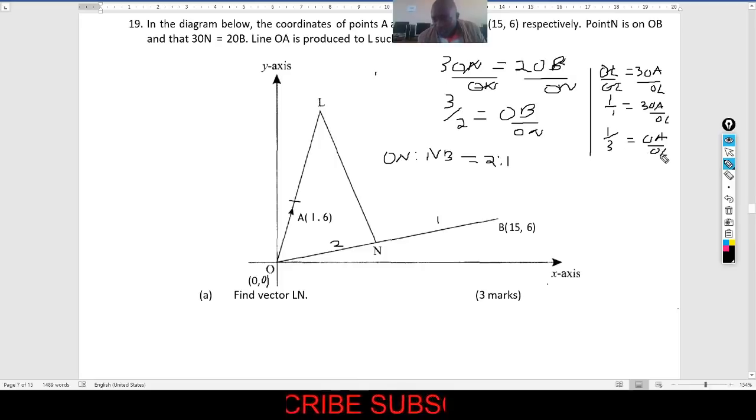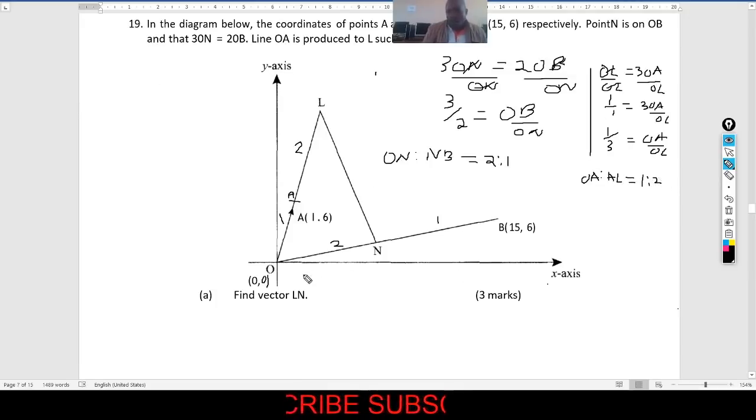It means that O to L is 3 and O to A is 1, meaning that if the whole thing is 3 and from O to A is 1, then A to L is 2. So the ratio of OA to AL equals 1:2. So that is what it means.